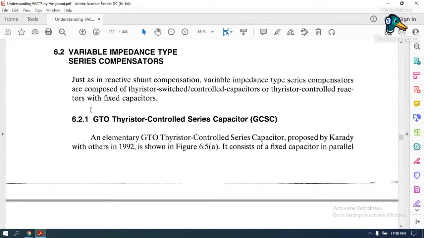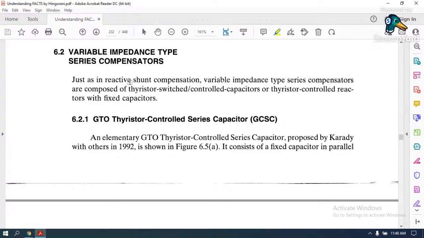We have seen that Friedel curve also, right? If k is equal to 0, it means there is no compensator connected. Now, just as in reactive shunt compensation, where we connect an inductor or capacitor in shunt fashion, here you connect only a capacitor in series with the transmission line.